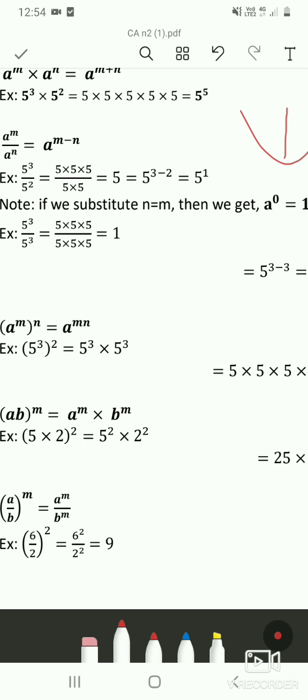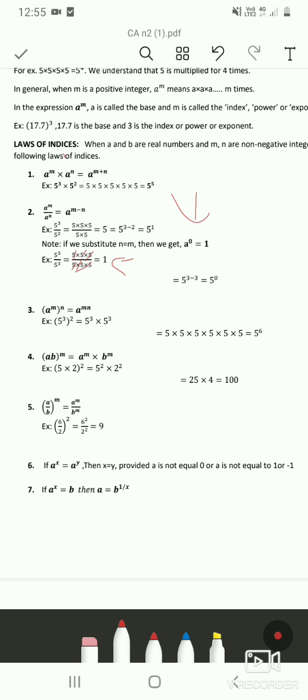In the usual way, this 5 and this 5 get cancelled, similarly all 5s get cancelled, so you are left with 1. But by using the second law, we can write it as 5 power 3 minus 3, that is m minus n, which is nothing but 5 power 0. So now you have directly arrived at the answer using the law, that is a power 0 equal to 1. Here 5 power 0 is 1.